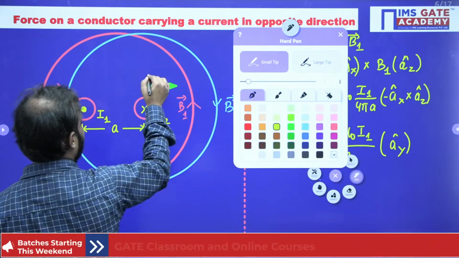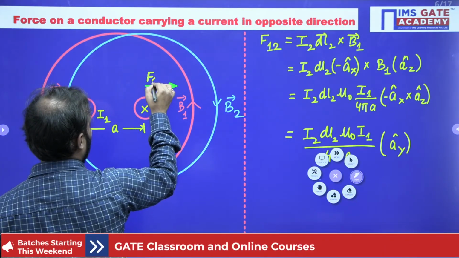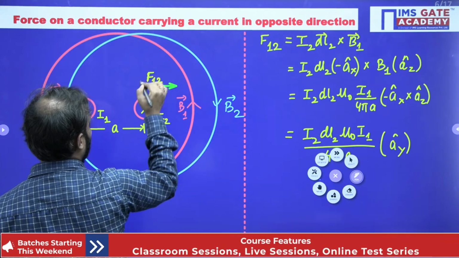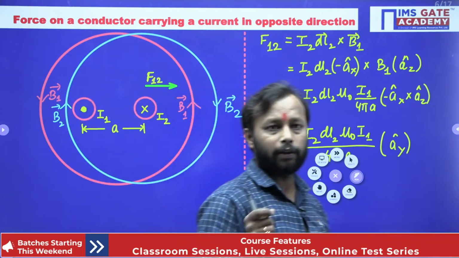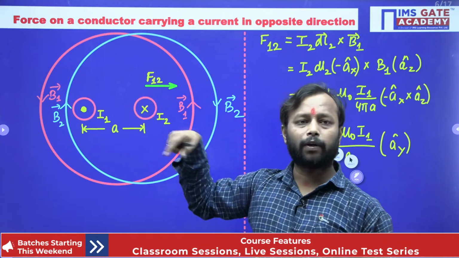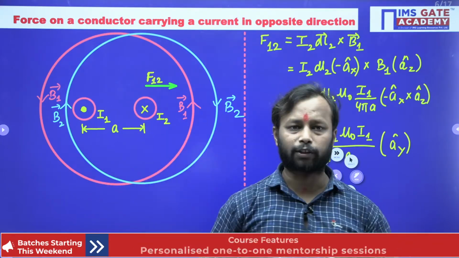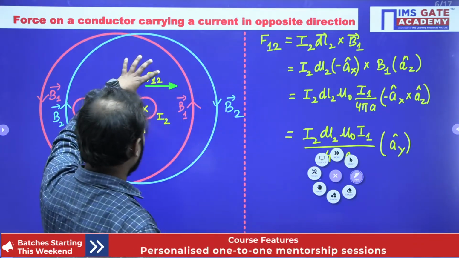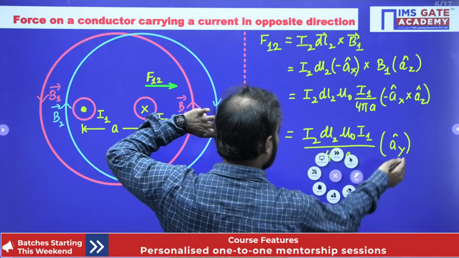This will be F1,2: the magnetic field of 1 gives the force on conductor 2, in the AY direction.